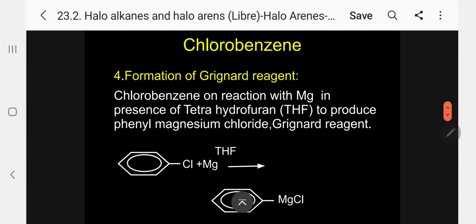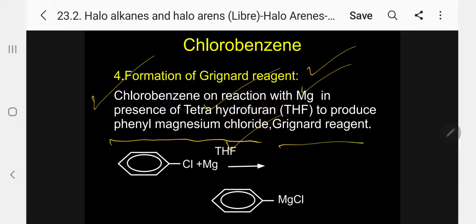Now, the next most important is the formation of the Grignard reagent. This is another most important one. Kindly follow. Even in aliphatic compounds, the Grignard reagent is formed. In this special case, chlorobenzene reacts with magnesium in the presence of tetrahydrofuran, THF, to produce phenyl magnesium chloride, an aromatic Grignard reagent.